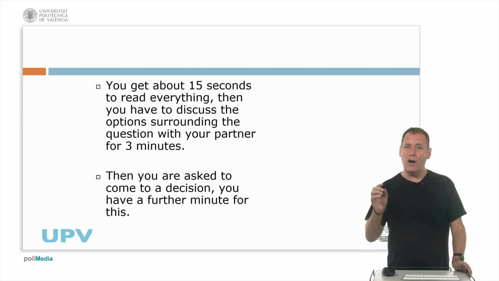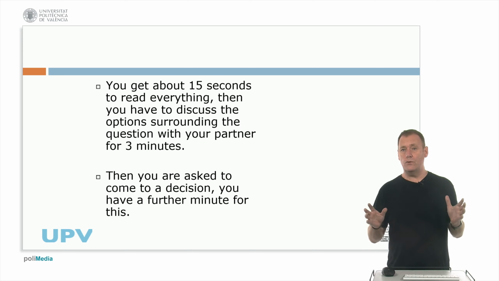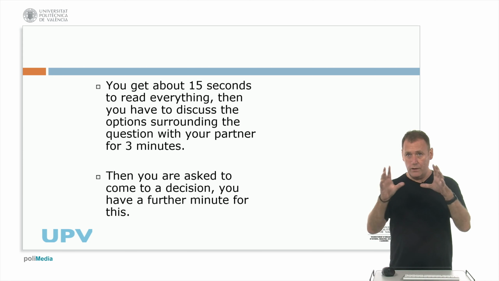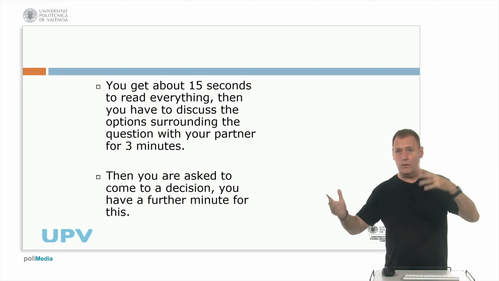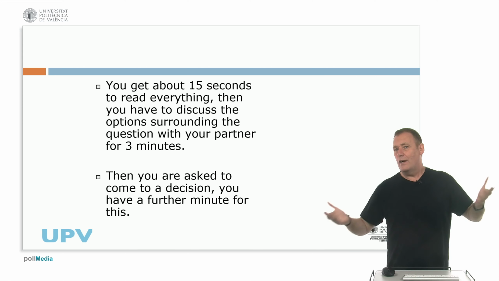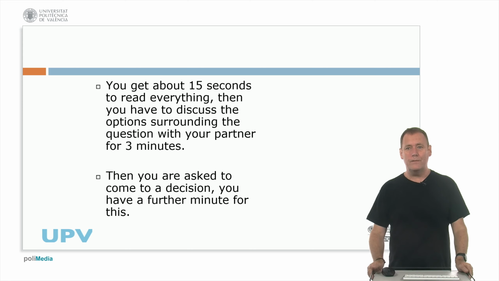At the end, you are asked to come to a decision, and you have a further minute to do this. So you'll be asked a question where you will have to come to a decision, which is the best or most important or worst or has most influence or whatever it is.